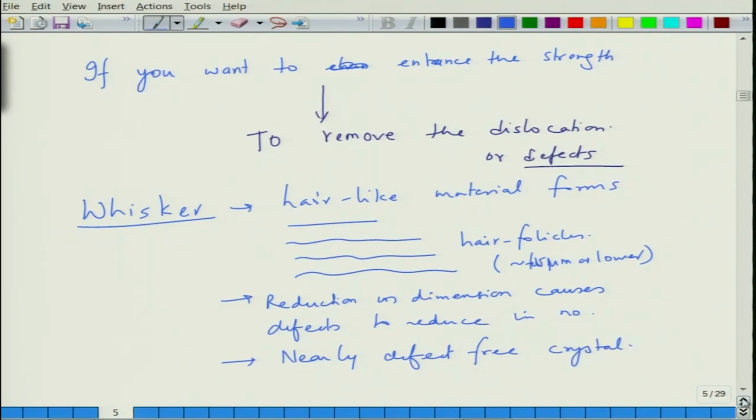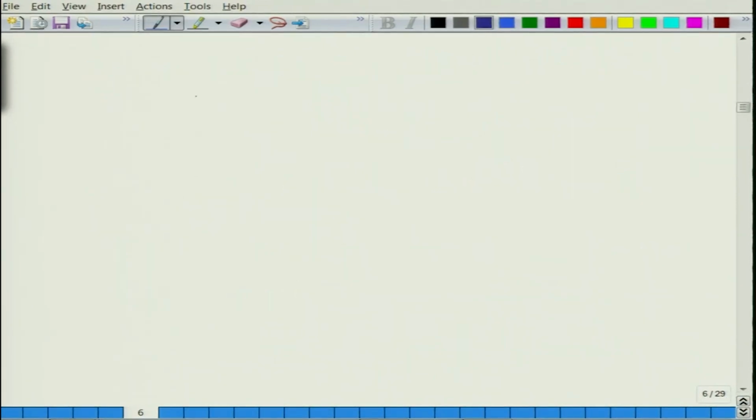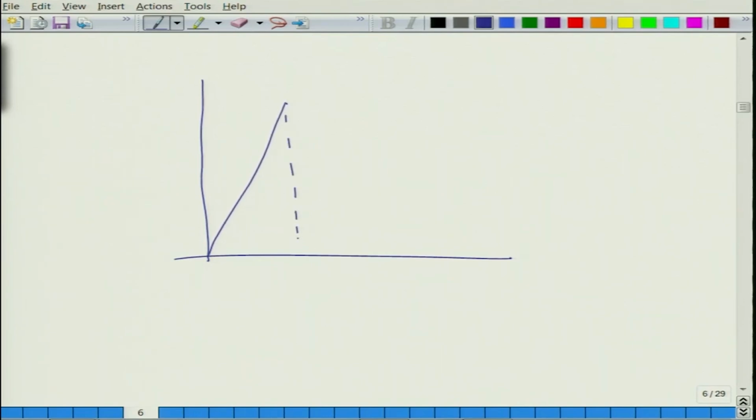So, when it is a defect free crystal, if you conduct, for example, a stress strain test, this is a stress strain curve on a whisker. When you apply the stress, you reach a strength of the order of, let us say, 700 MPa, which is close to 1 GPa, very high strength.